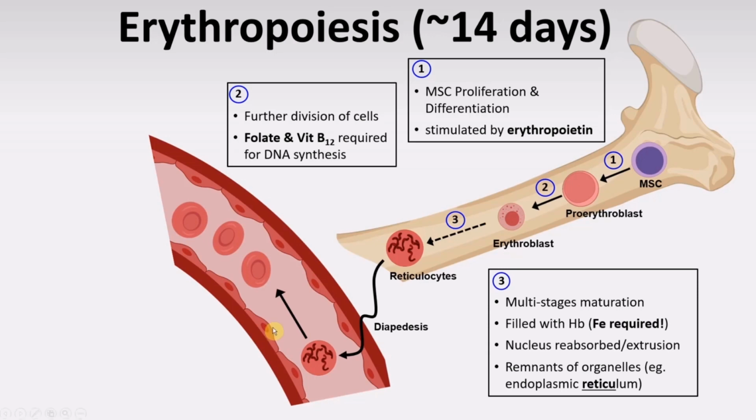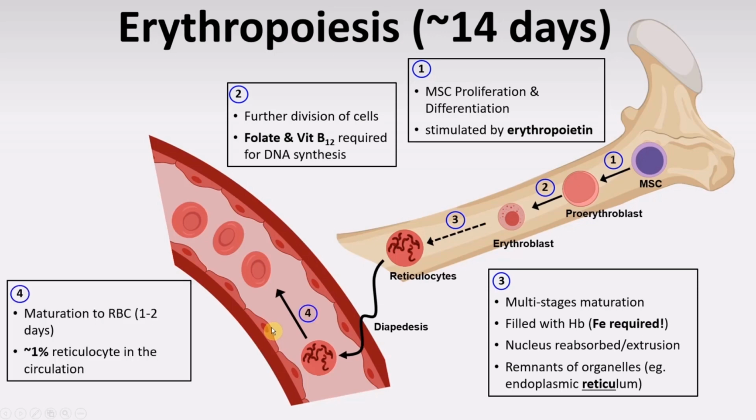I mentioned that reticulocytes are important because the maturation of reticulocytes to RBC takes only 1 to 2 days. So you don't tend to see a lot of reticulocytes in the circulation. At any point of time, there's usually only about 1% of reticulocytes in the circulation.